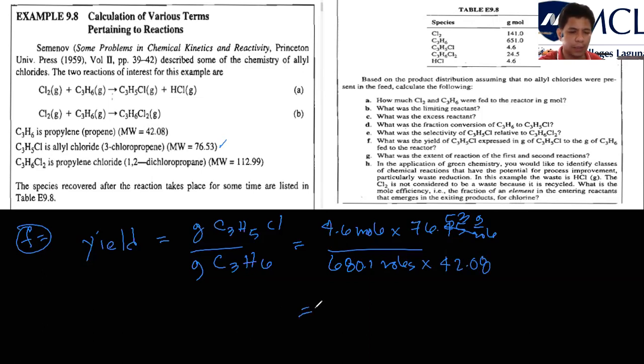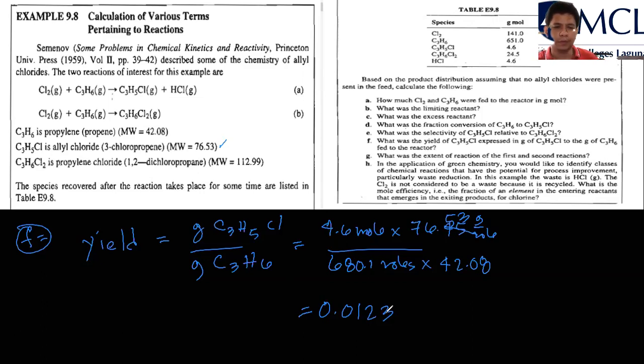So, letter F, 0.0123. Correct, 0.012 in the book.